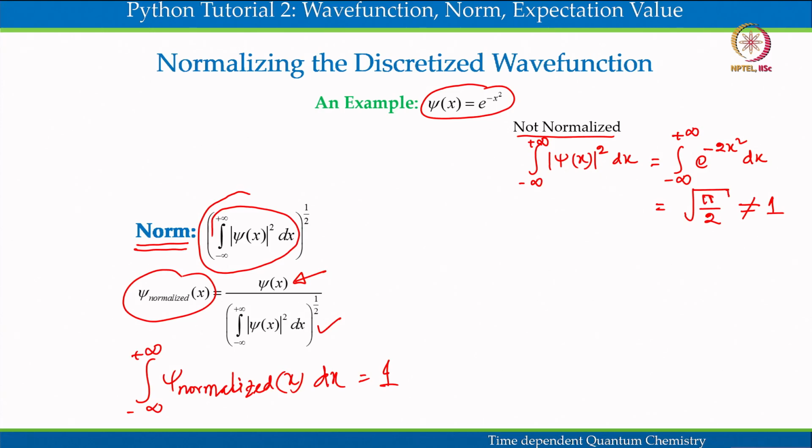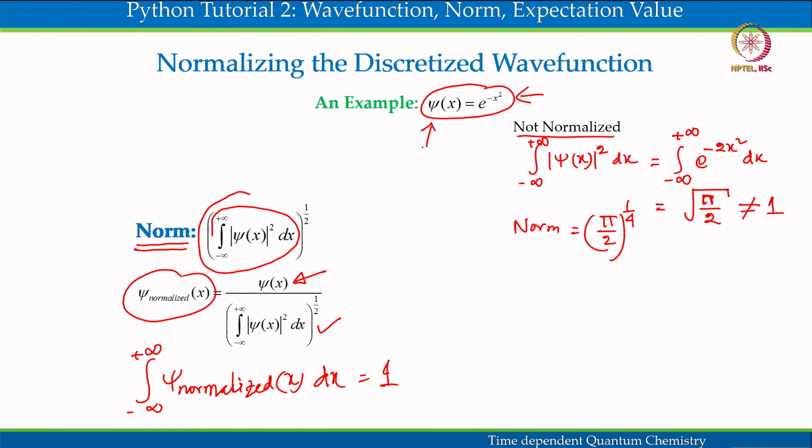So let's look at this. For this wave function, we can easily find out the norm. Norm is going to be the square root of this. I have this pi by 2 already, so norm is going to be pi by 2 to the power 1 by 4. So this is the analytical form of the normalized Gaussian function.